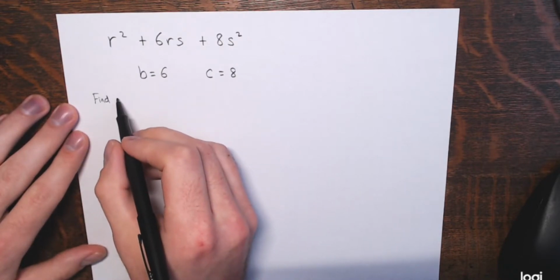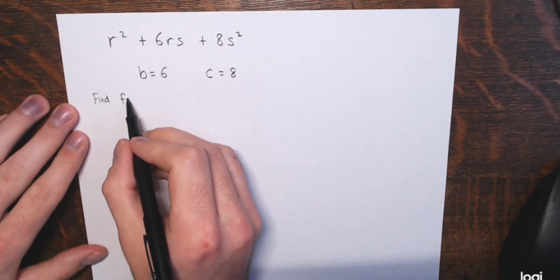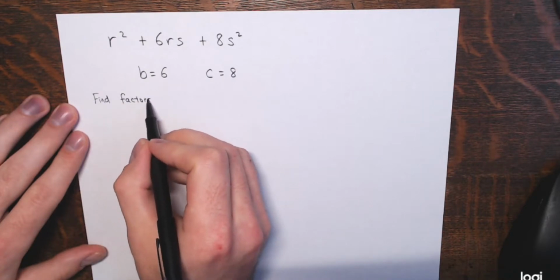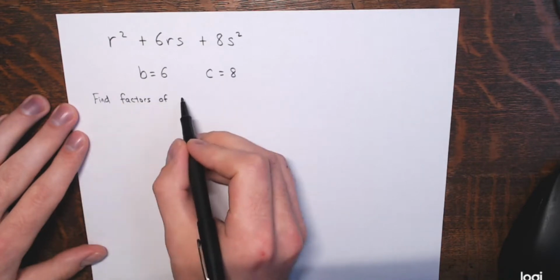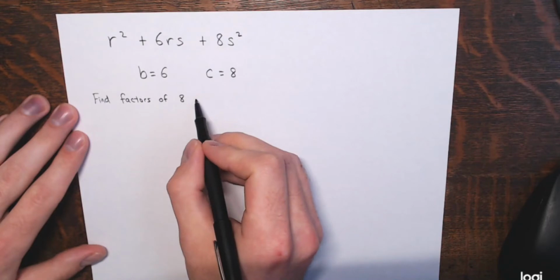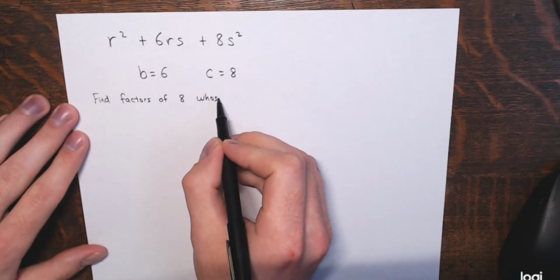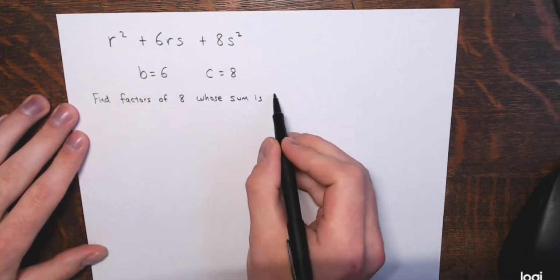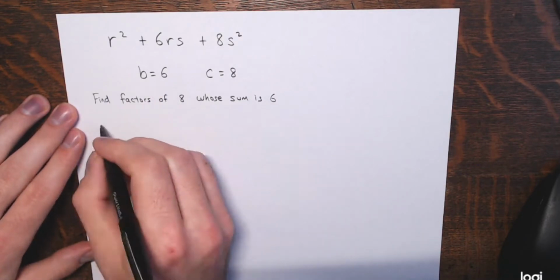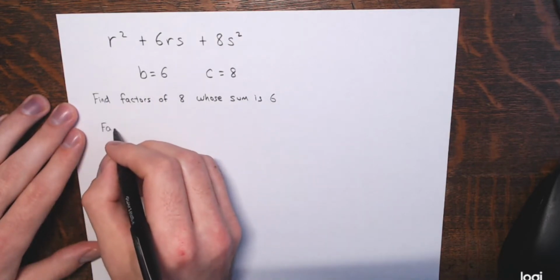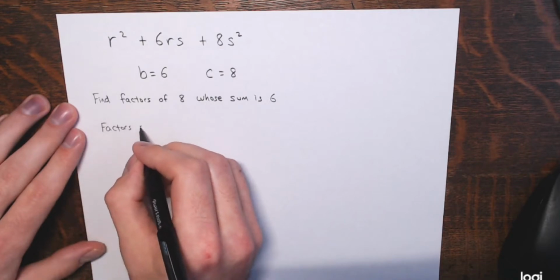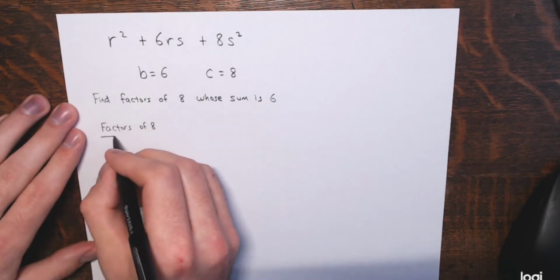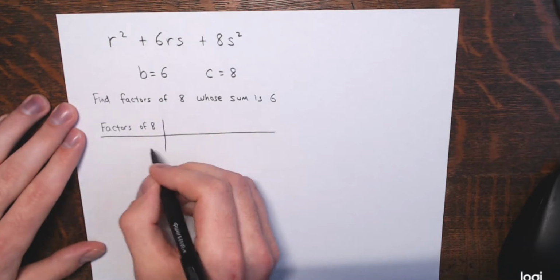I'm trying to find factors of 8, two numbers that multiply to be 8, whose sum is b, whose sum is positive 6. I'll make that little table again. We'll look at pairs of factors of 8 and their sum.